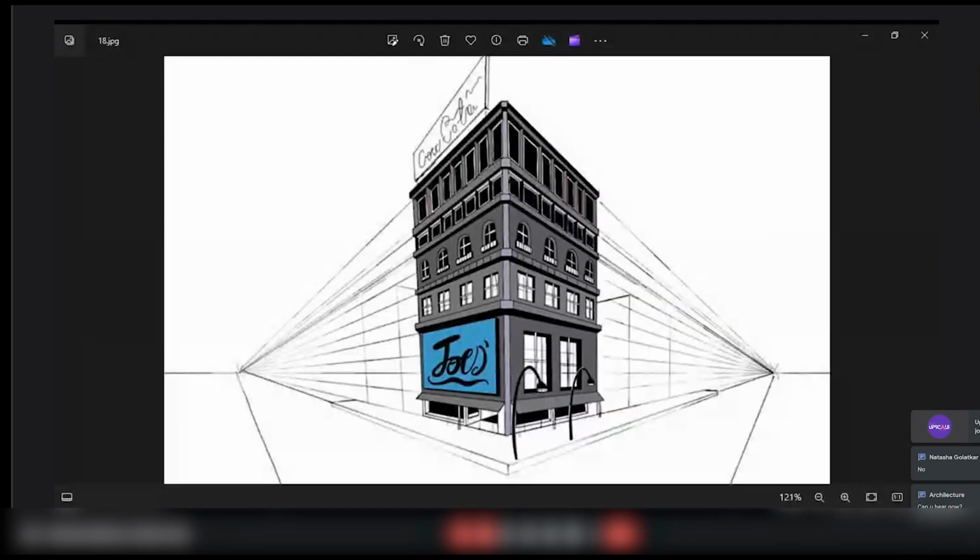Can we move on to the next point, which is two-point perspective? Yes. Okay.